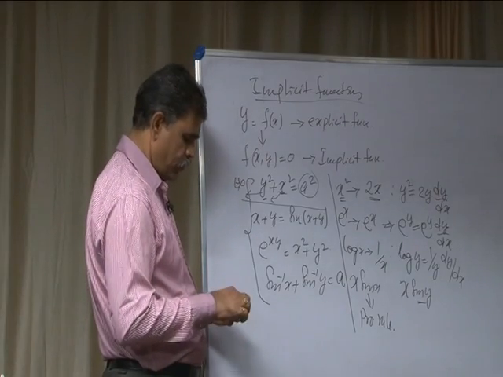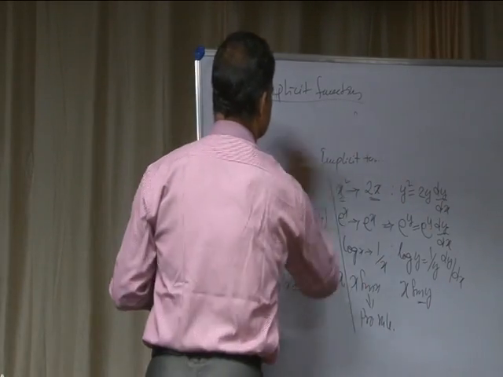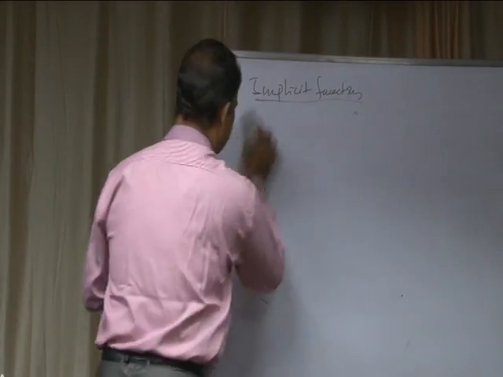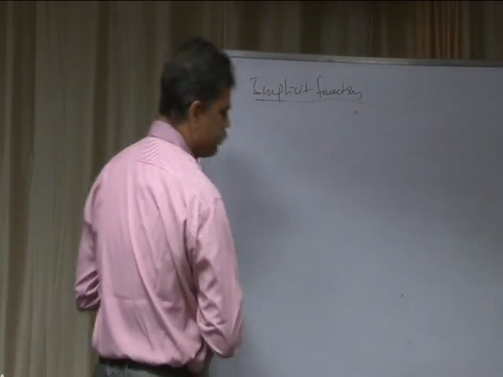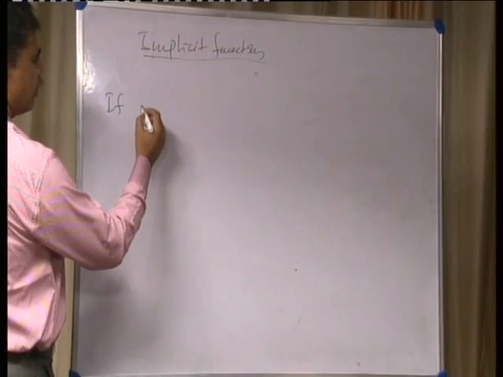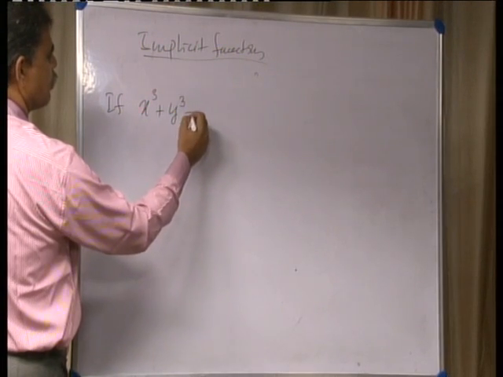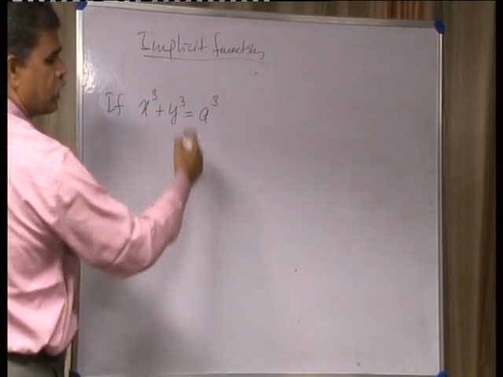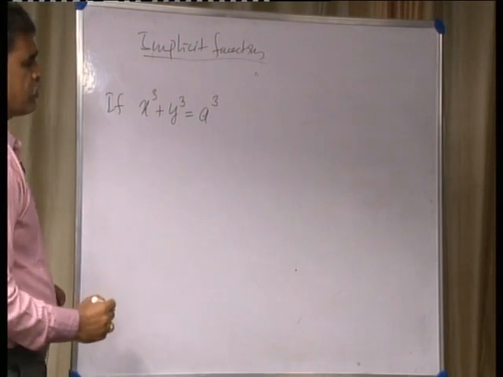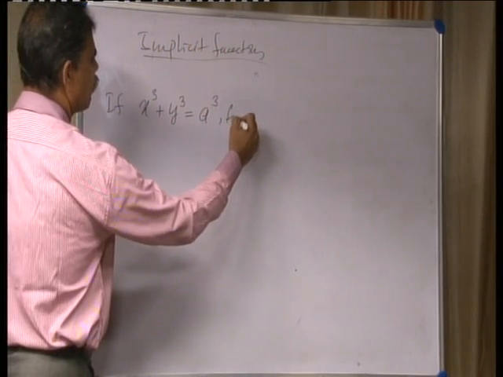I will show a few examples here. If x cube plus y cube is equal to a cube, I am taking a very simple example, find dy by dx.